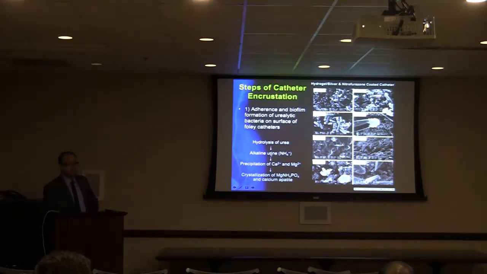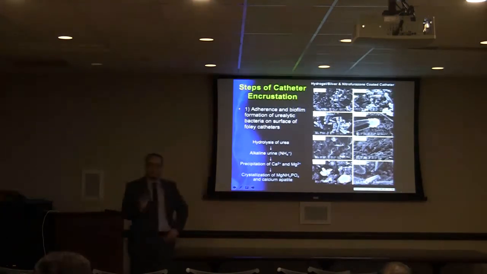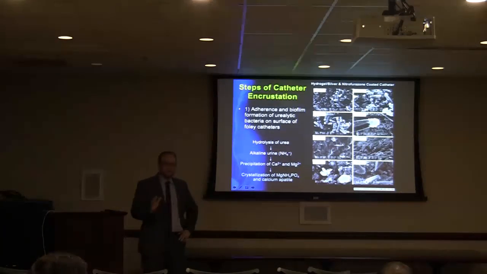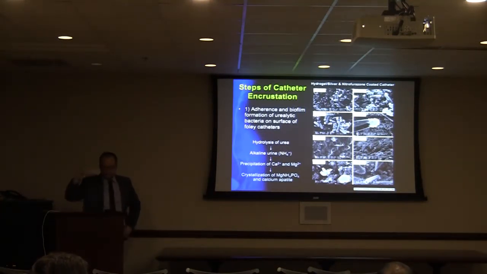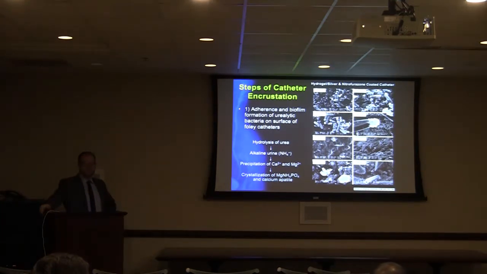That increases the pH of the urine from normal, which is around 5.5 to 6, up to as high as 8 or 9. That results in the precipitation of calcium and magnesium, which then combines with ammonium to form these magnesium ammonium phosphate stones.